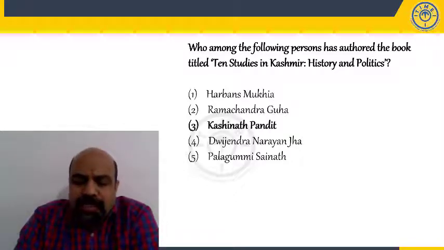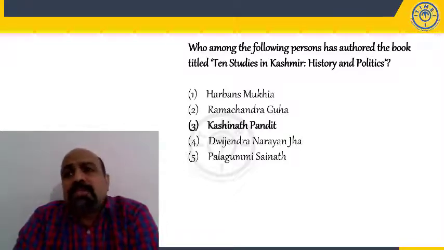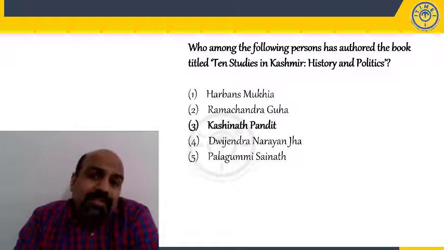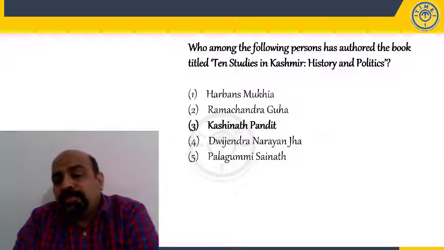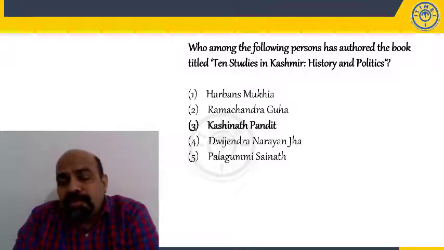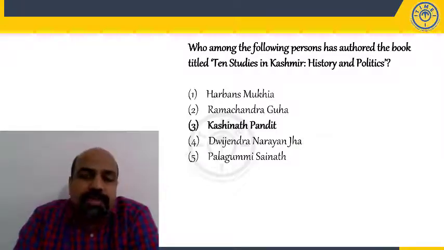Palagummi Sainath, P. Sainath. Sainath is known to be an expert on poverty and income disparities. He is the author of this very famous book, which I bought some 33 or 34 years back. Everybody loves a good drought.